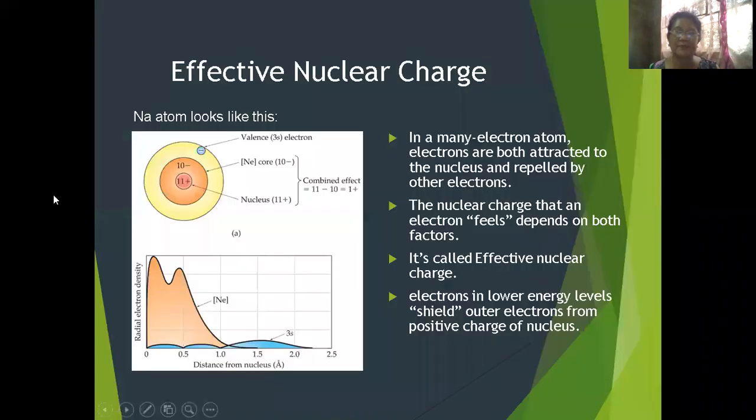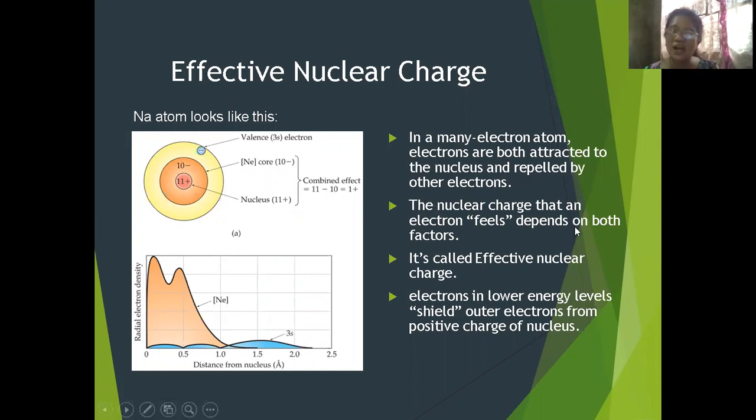Okay. So the next thing is effective nuclear charge. What is effective nuclear charge? This is a characteristic wherein this will measure how an electron is attracted to the nucleus, and at the same time how electrons repel. Kana siya.